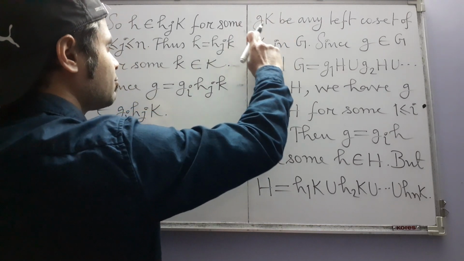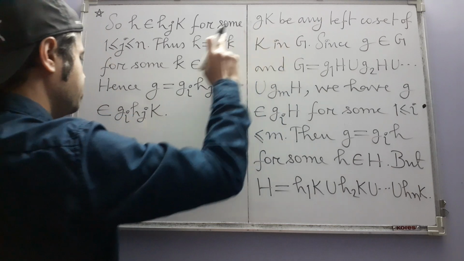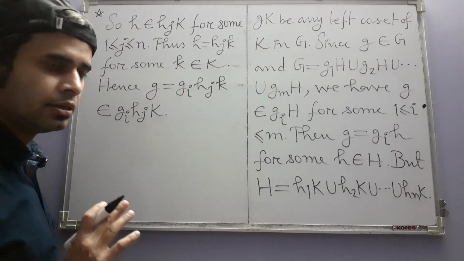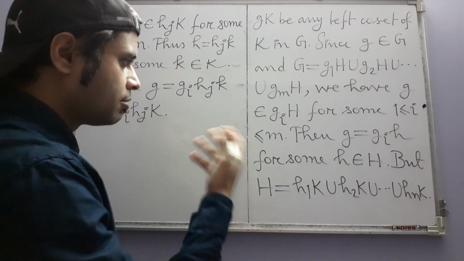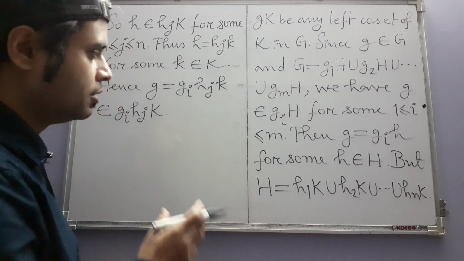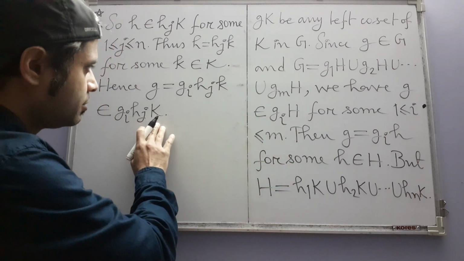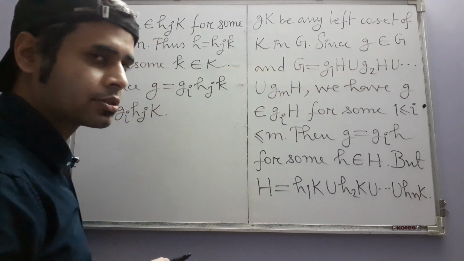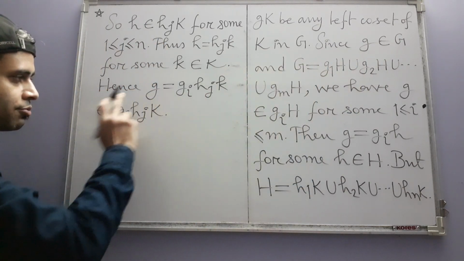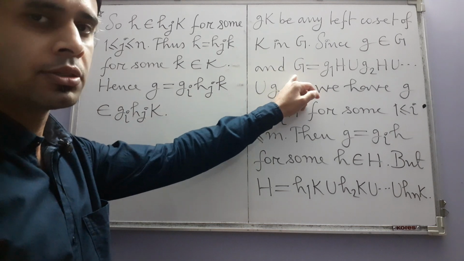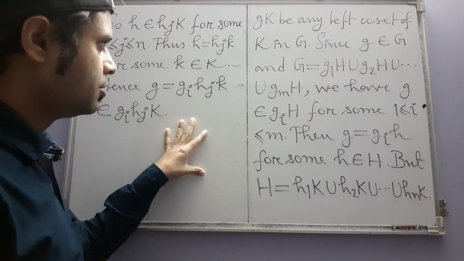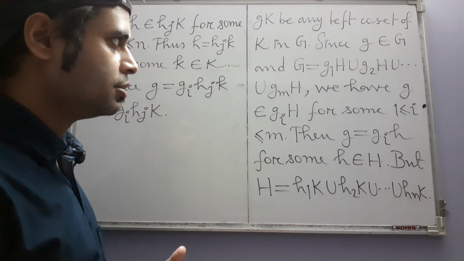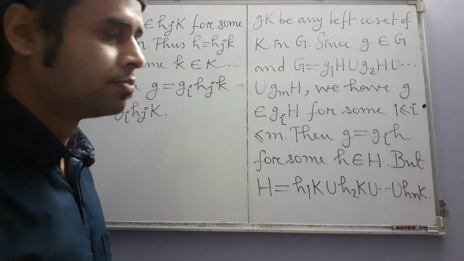So this left coset of K in G contains g, but g also belongs to this left coset of K in G. Now because K is also like H a subgroup of G, the left cosets of K in G will form a partition of G, just like these cosets form a partition of G. The left cosets of K will also form a partition of G. So that is why, due to this partition property, two left cosets are either disjoint or identical.